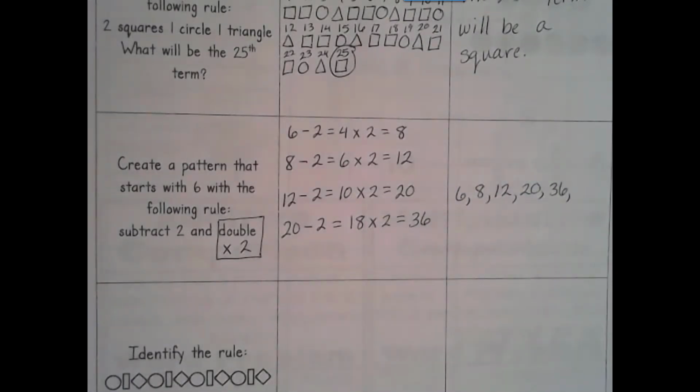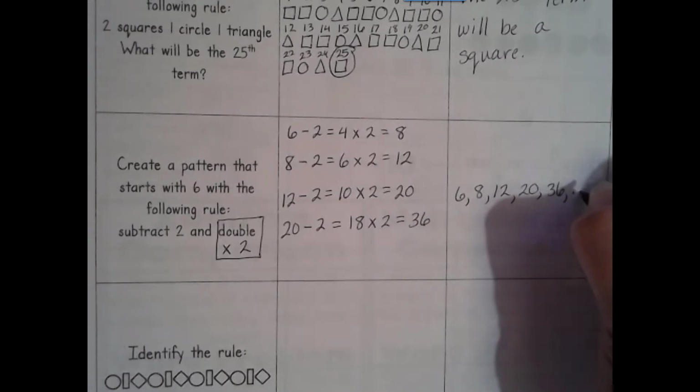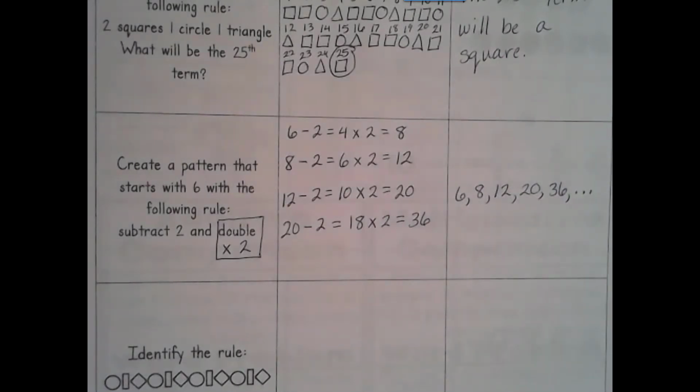Now I could continue following this pattern because this would actually continue forever, but I don't have enough time to do this forever, so I'm going to put my 3 dots for my ellipses to show this pattern continues. But I have created a pattern that follows that rule.